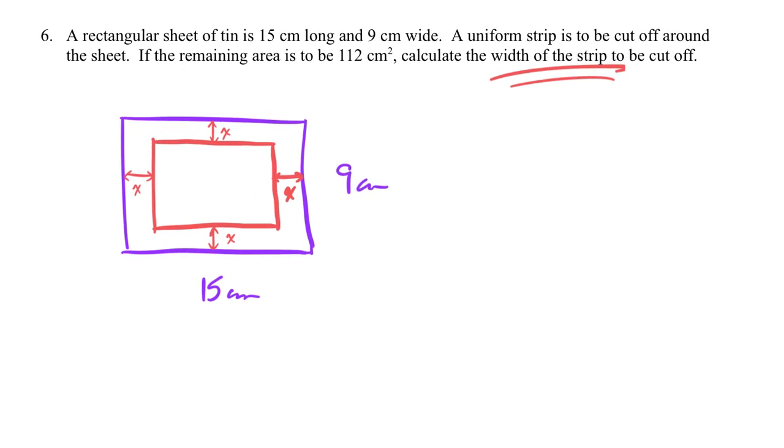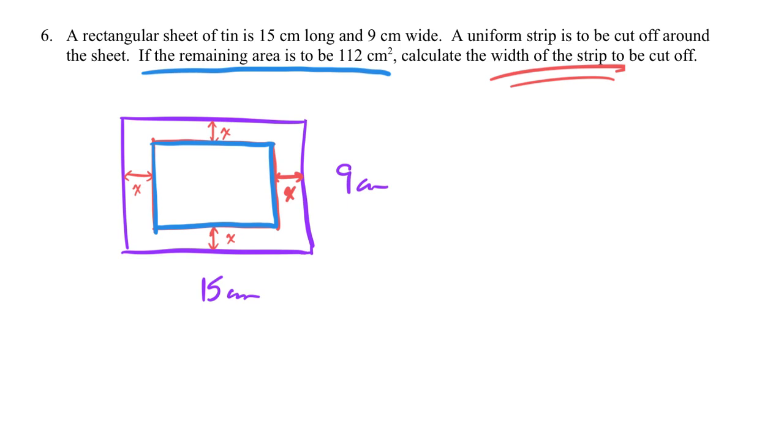Okay, the problem tells me that what's left over, that rectangle in the middle, has to have that area. Well, I know to calculate the area of a rectangle, it's length times width. That means I need the length and the width of that blue rectangle. So how can I come up with it? If you take a look at my diagram, can you look below the 15?